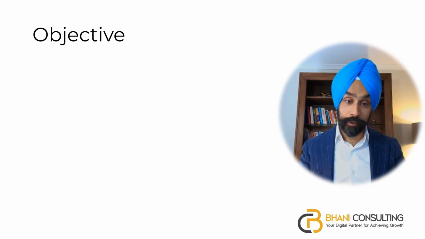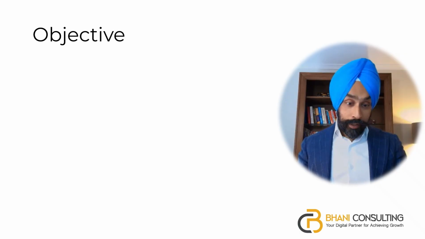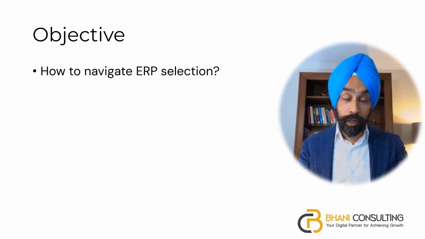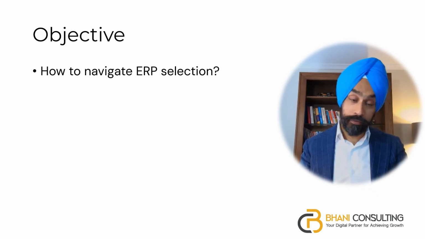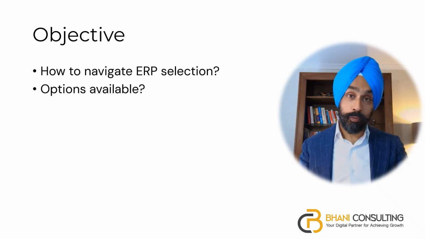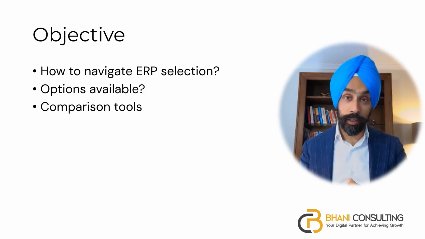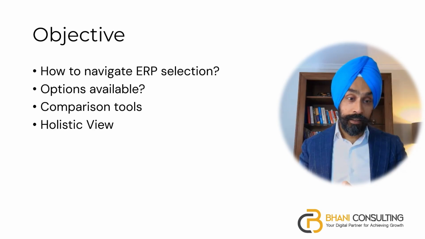Let's get into it. All right, we'll talk about the objectives. These are the key objectives. We are going to cover how to navigate ERP selection, options which are available to us. We are going to cover different tiers and domains. So we'll get into the options, comparison tools which are available to you for free online, and the importance of a holistic view.